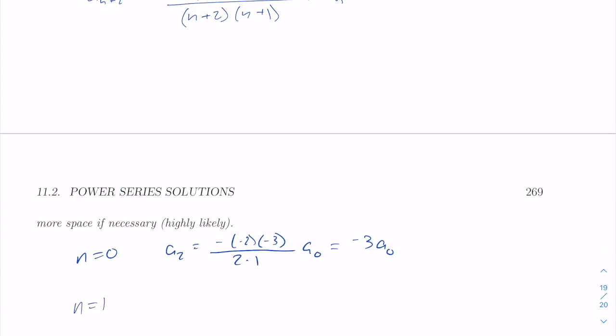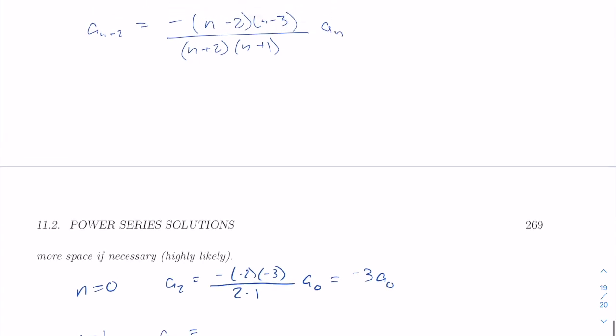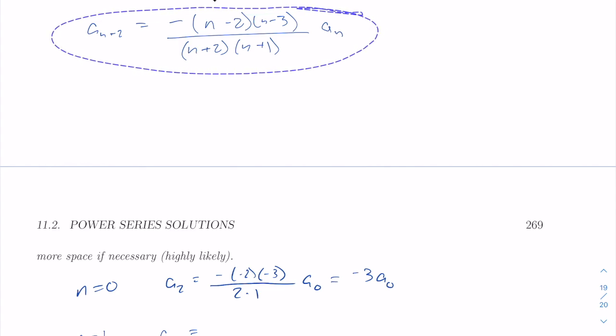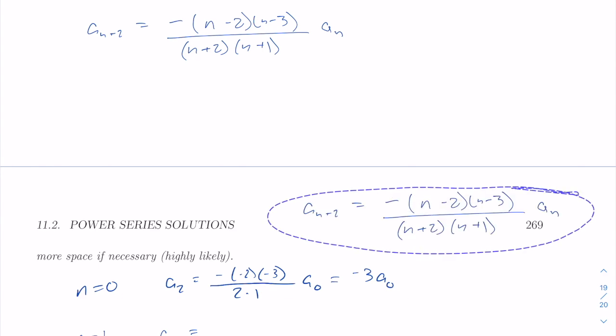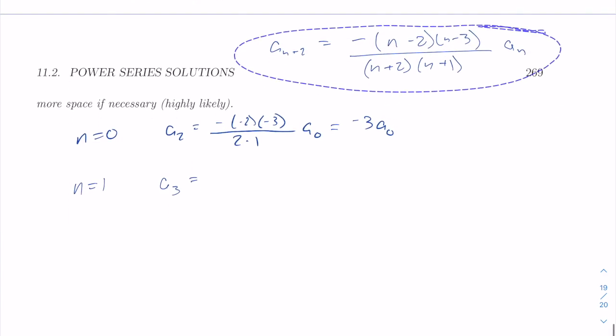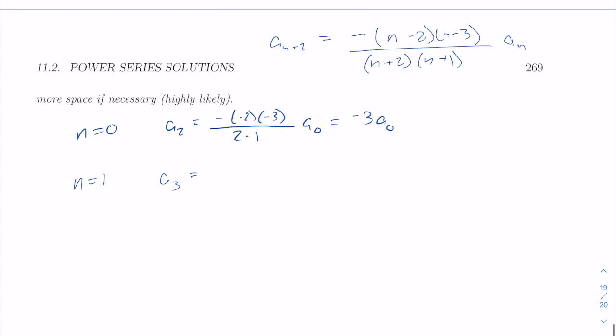When n equals 1, I have a sub 3 equals, I need to see this down here lower. Copy, paste. All right, when n is 1, I get negative, 1 minus 2 is negative 1, 1 minus 3 is negative 2, over 1 plus 2 is 3 and 2, a1.